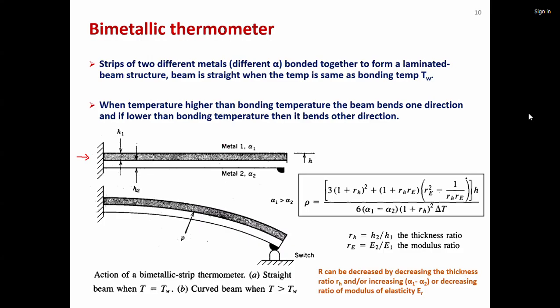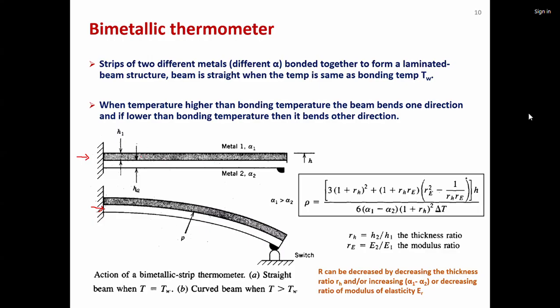And when the temperature is higher than the bonding temperature, the temperature at which they were bonded, then you would see that the beam will bend in one direction. Okay, something like this, right? So this will bend something like this. Now which side is it going to bend, to the metal 1 side or the metal 2 side?